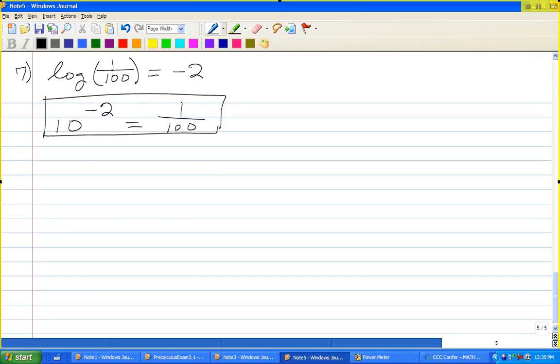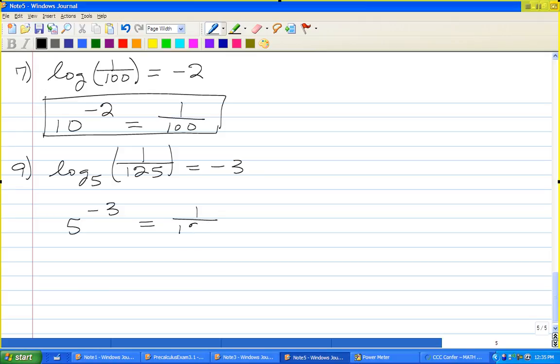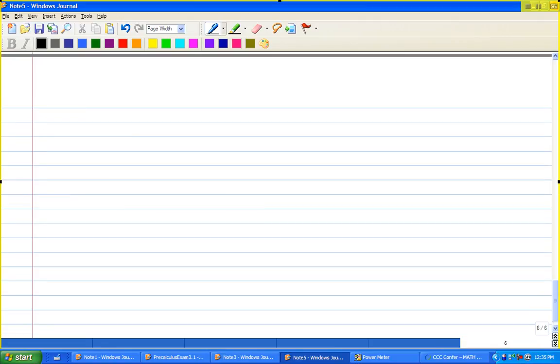9. Log base 5, 1 over 125 equals -3. Base is 5, exponent -3, result 1 over 125. 11.